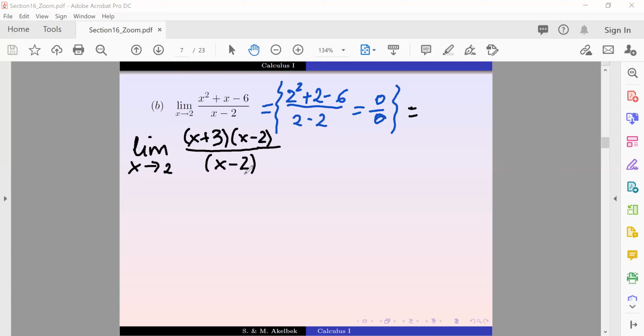I put it in parentheses. Now we can clearly see that we can reduce this. And we are left with, I didn't perform the limit yet, so I copied the limit. Limit as x goes to 2, and I'm left with only x plus 3. Now I'm performing the limit, so I take this 2 and substitute, so it's 2 plus 3, which is equal to 5.